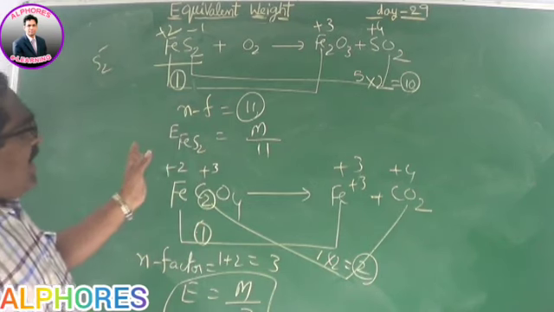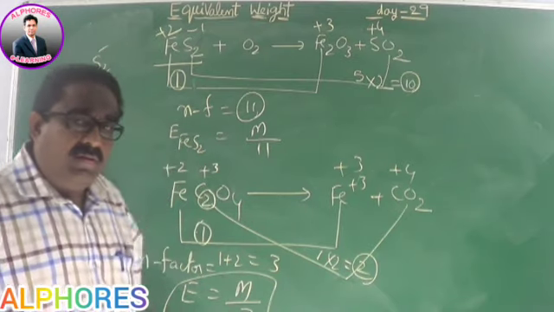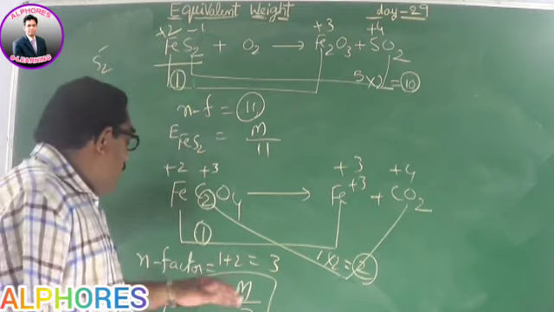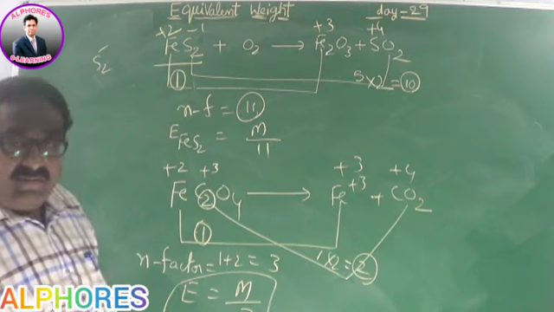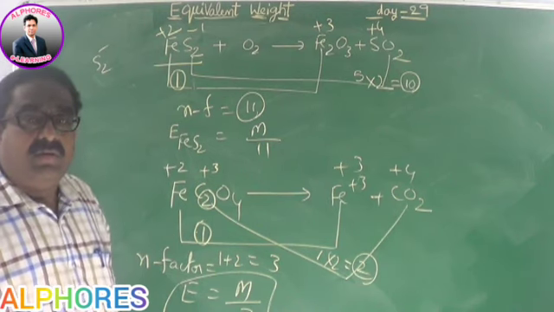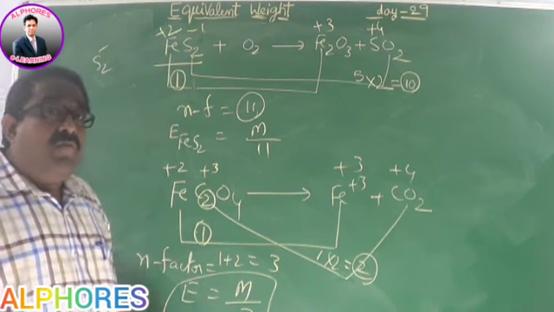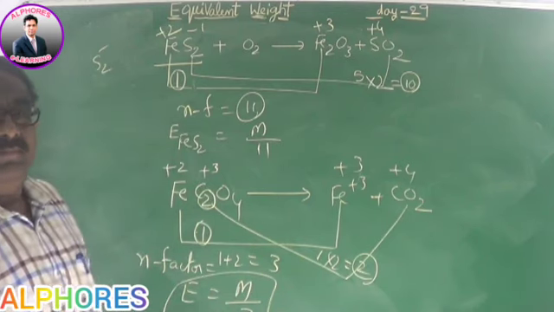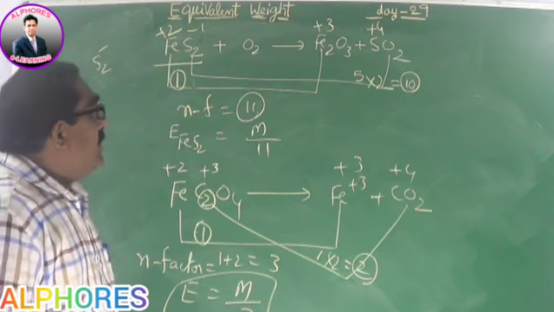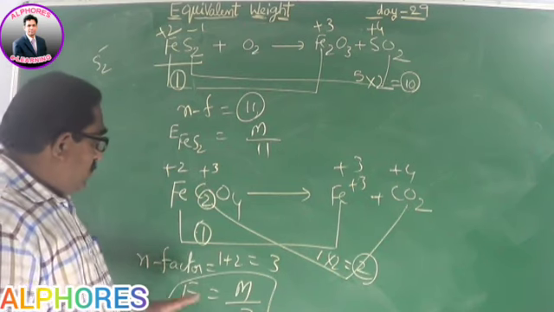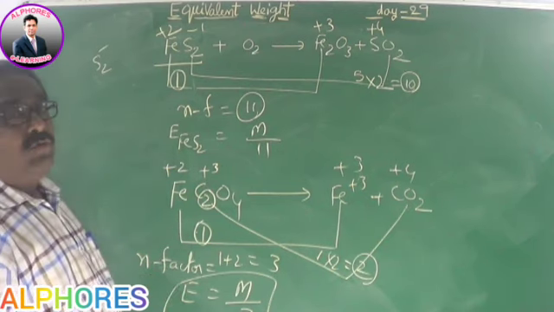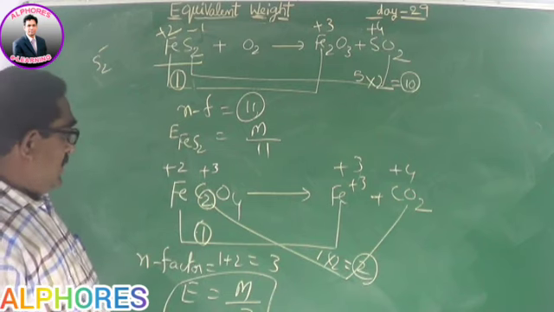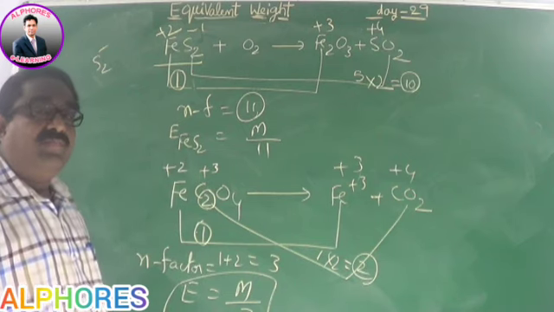So for different types of reactions, you can calculate the equivalent masses of reactants if you are able to calculate the N factor. Okay, friends, with this I am going to conclude this session.